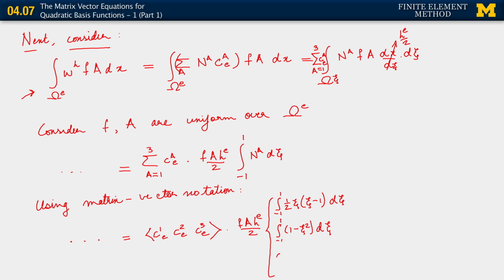And the third component is integral minus 1 to 1 of 1/2 xi times (xi plus 1), dxi.